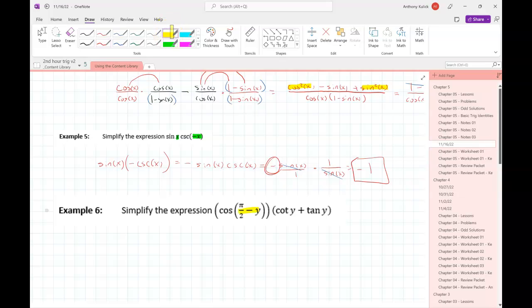Yeah, I would use a function identity so that my variables are all the same. I want them all to be y's. So what can I say here? We can do that. Everybody happy there?